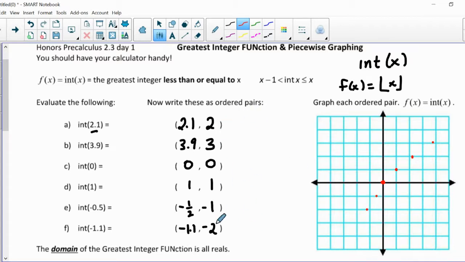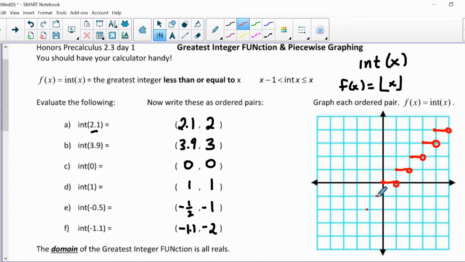These are all points, but that doesn't represent every point. So I'm just going to start plotting a lot of points. If I have 2.2, that's going to be at 2, 2.3, 2.4, and so on, all the way up until I get to 3. And then once I get to 3, I then start to go up here. So it's going to look something like this.